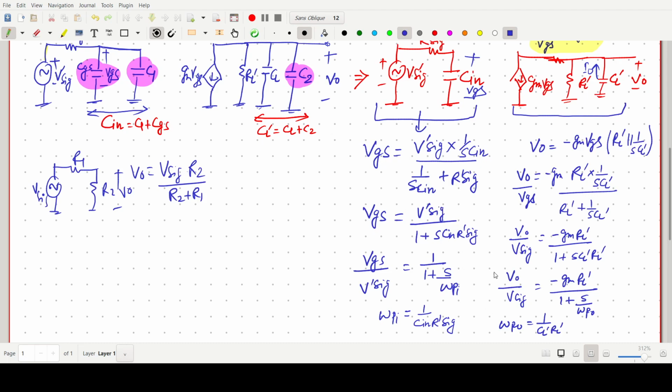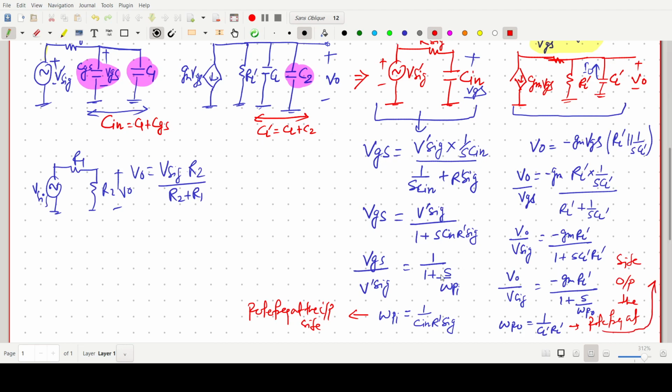So in this question, we have to find the pole frequency at the input side, this one is the pole frequency at the input side, and this one is the pole frequency at the output side.